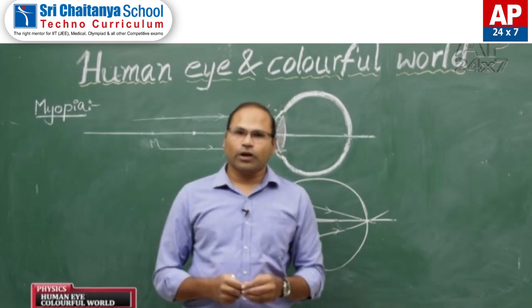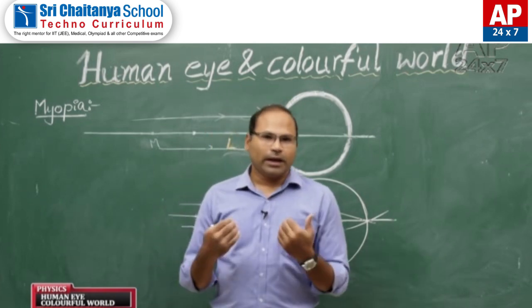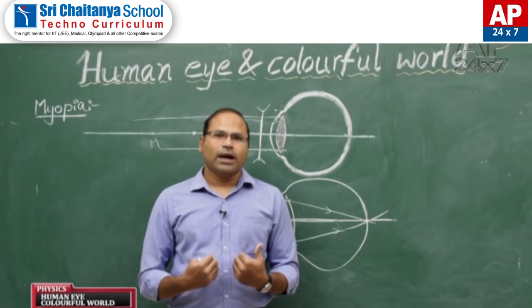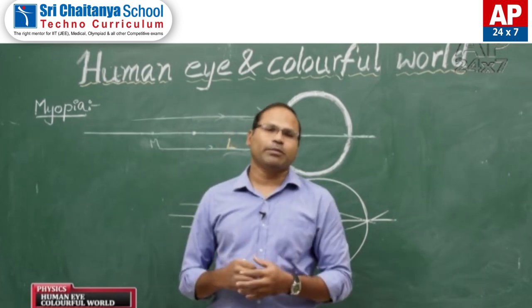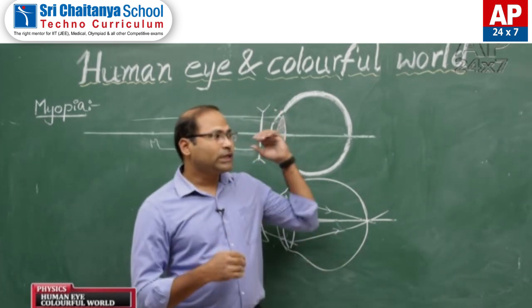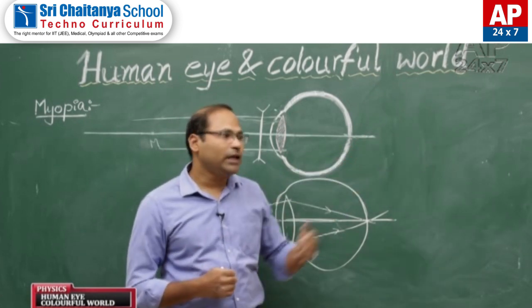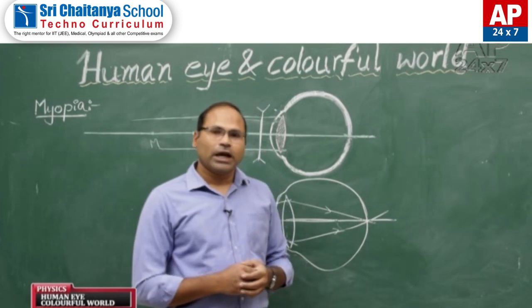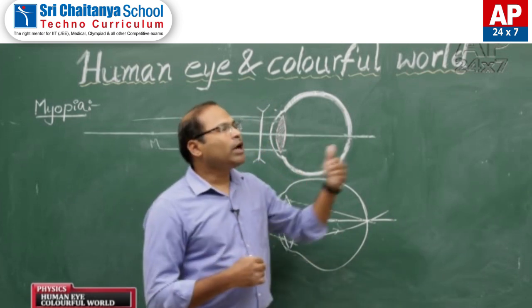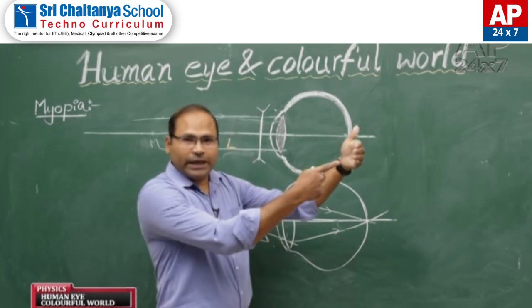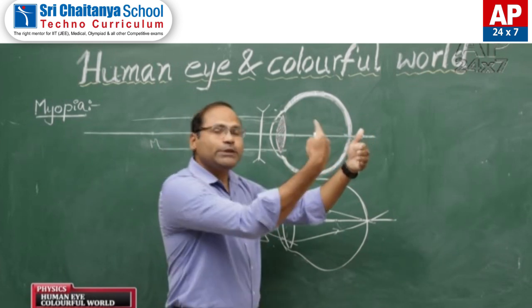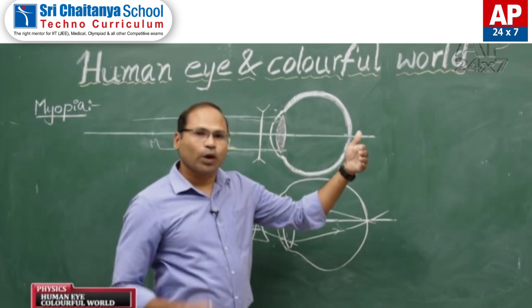I will give you the clarity of the question. Take my example, I myself suffer from this defect, myopia. I cannot see objects which are at longer distances, but I can see objects clearly which are at nearby distances. Suppose I can see only up to 50 centimeters from my eye, that means my far point is 50 centimeters, isn't it? Okay.